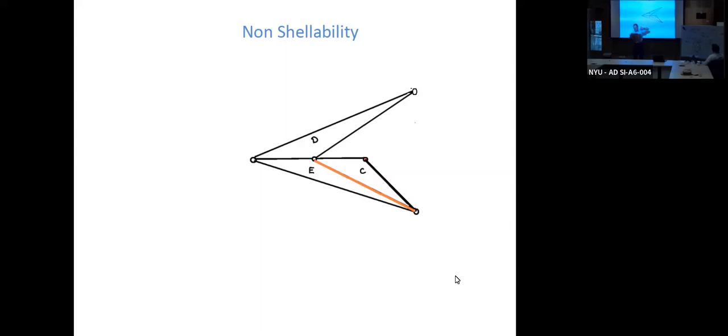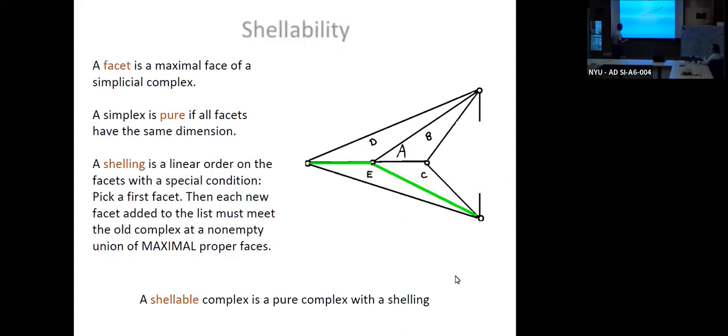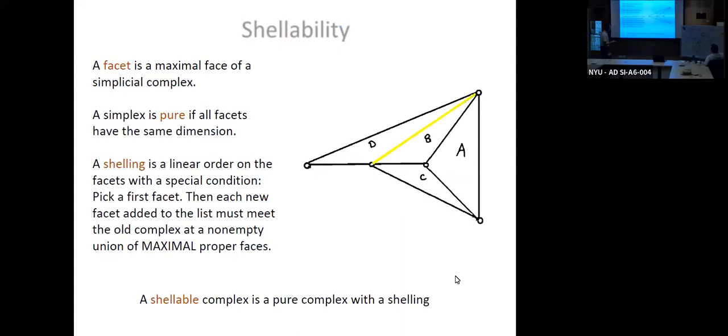Should I say it again? Yeah, no, I see it, but I don't understand why the one previously was okay. Because this one is going along a maximal face. In the preceding example, why is everything good? Why is this one good?